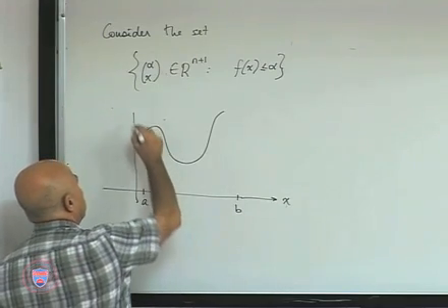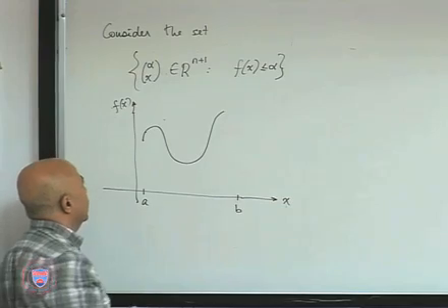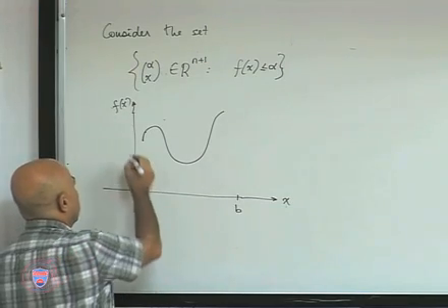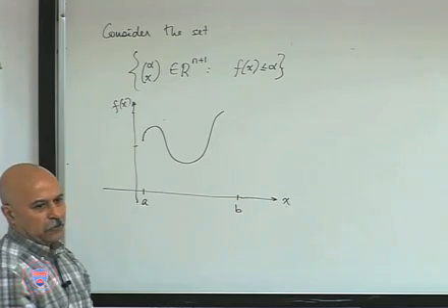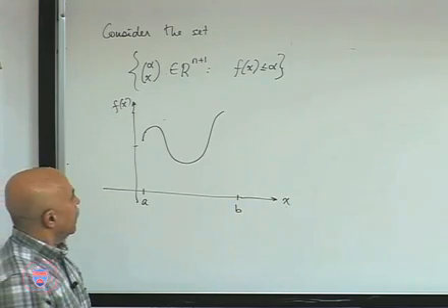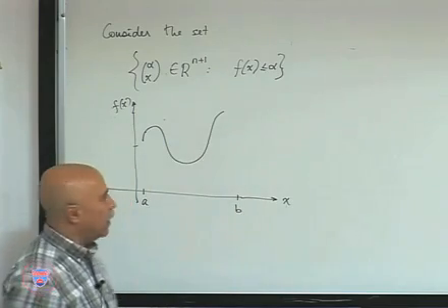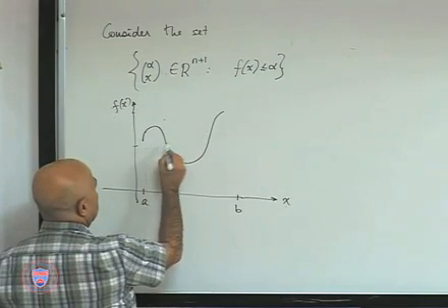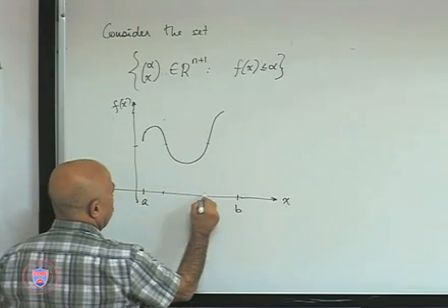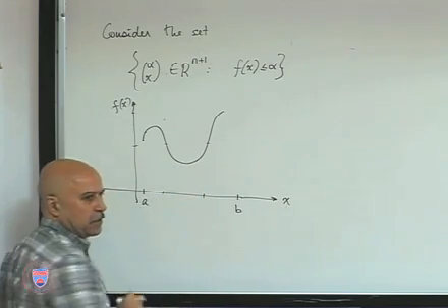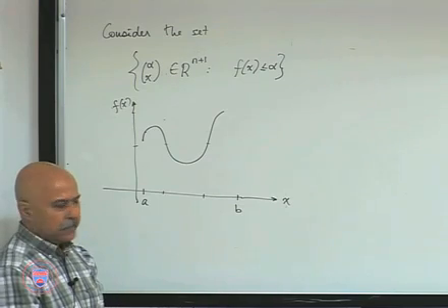It's a real number. And this one is your f of x. You pick an alpha. Then you check those points that are less than or equal to alpha. In this case, I've got those points between these two marked numbers.